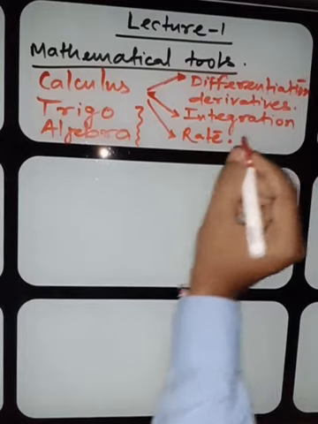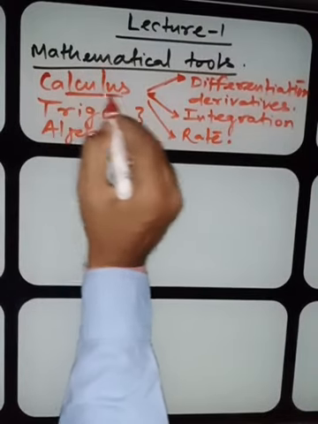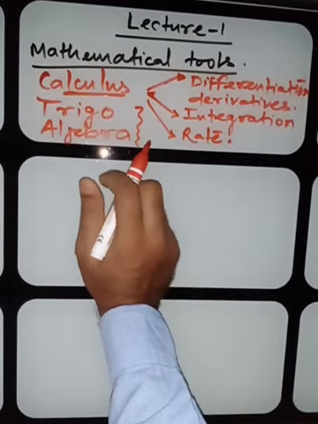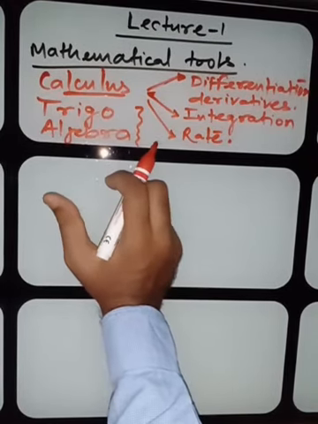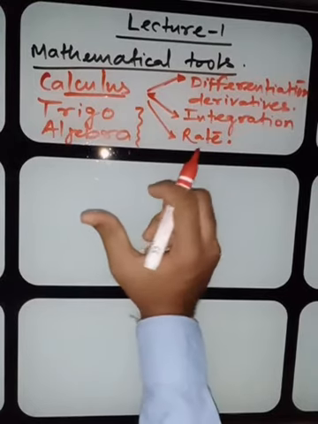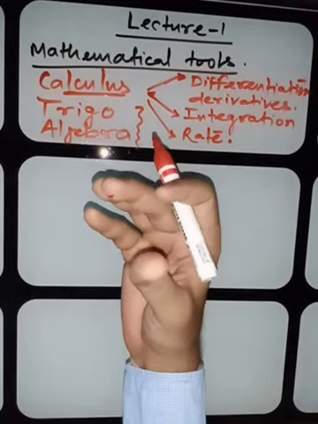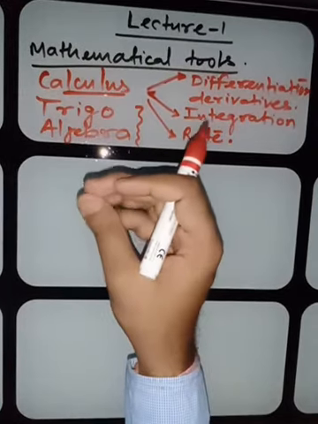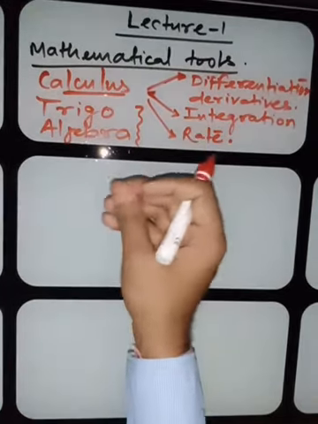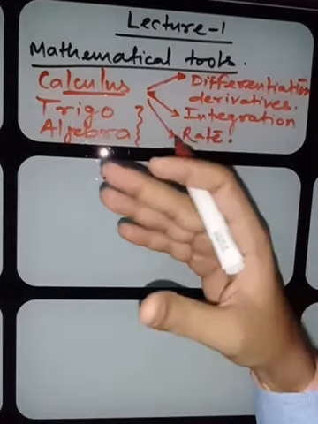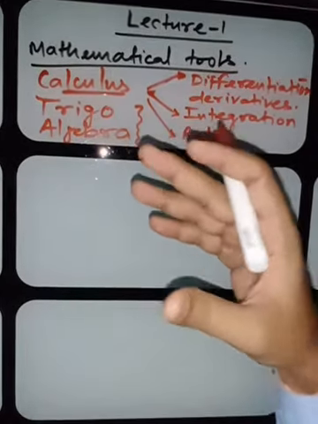Actually, this concept of calculus came to the mind of Sir Isaac Newton to simplify physics, to study the tangent of any curve, how we can represent the tangent over a curve. So we are studying here about differentiation.